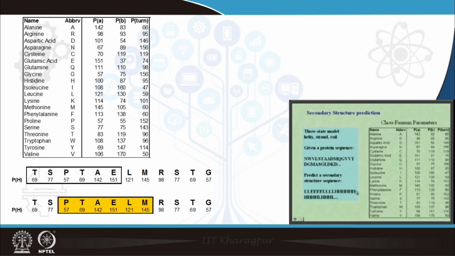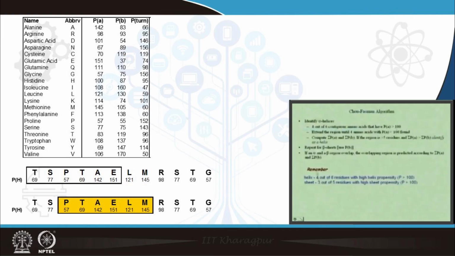You just look at it. What about the next one? Then we extend the region until 4 amino acids with Pa less than 100 are found. So you keep on doing that. So all you have is a sliding window, where you're looking at a window size of 6.